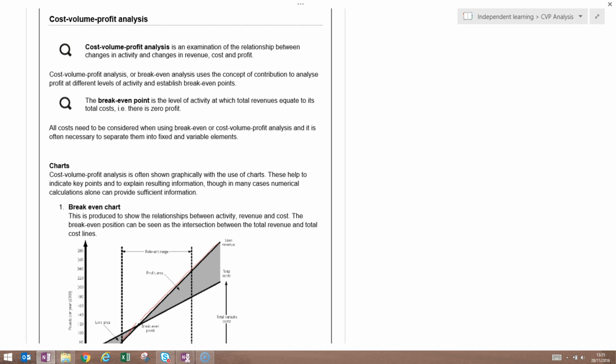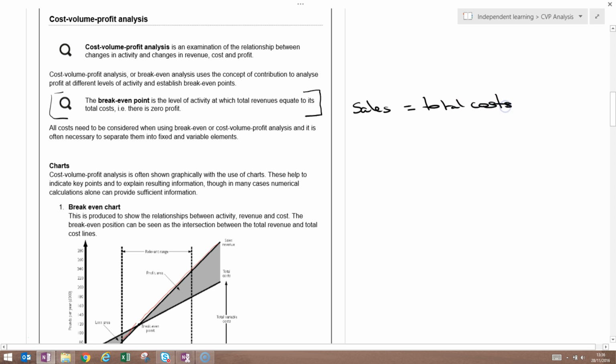Starting with break even, by break even we're talking about the number of units we have to sell to break even, and that means we've made neither a profit nor a loss. So at break even point, your sales will be equal to your total costs.